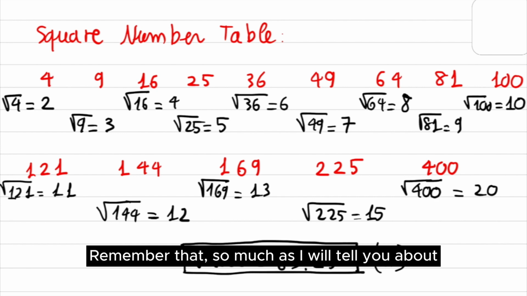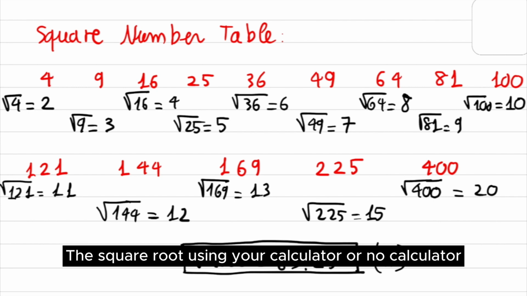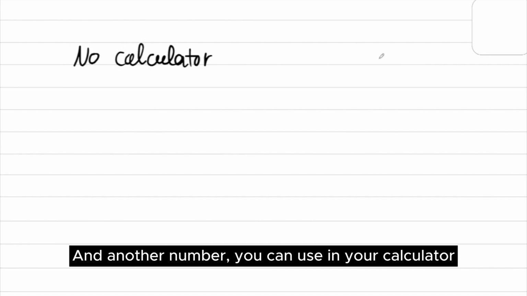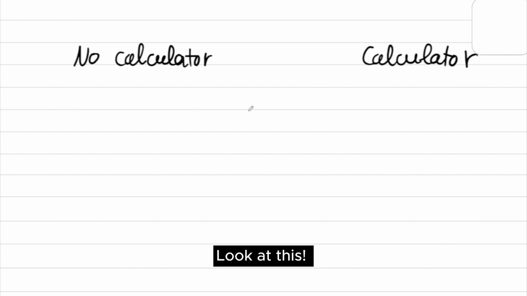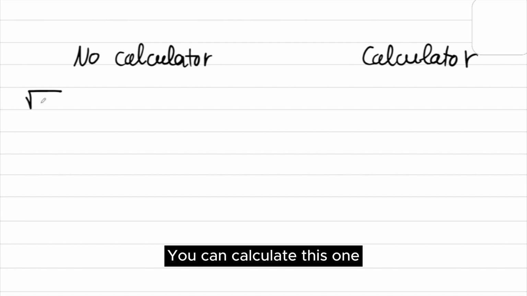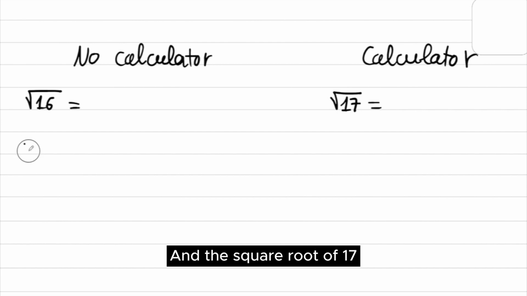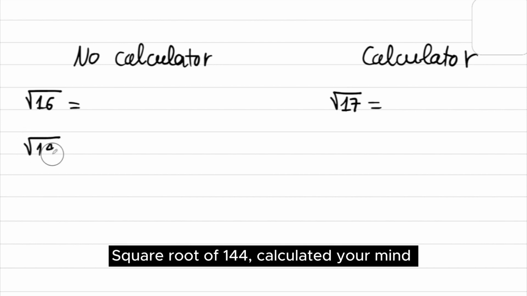Some exercises will ask about the square root using your calculator or no calculator. I have two columns of examples for you: one where you should know the answer without a calculator, and another where you can use your calculator. Look at this: the square root of 16, the square root of 17, the square root of 144, calculate in your mind.